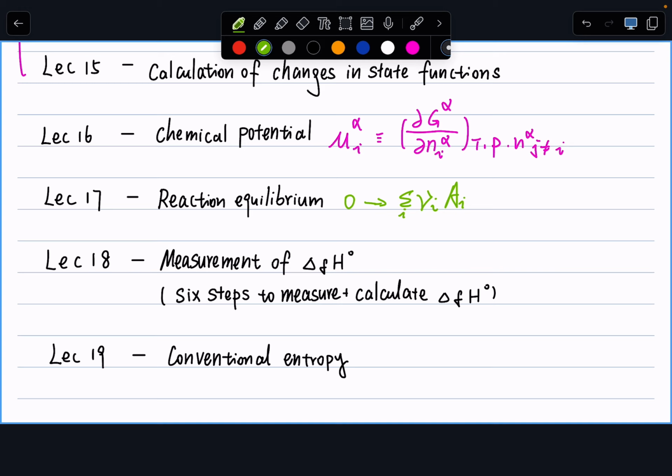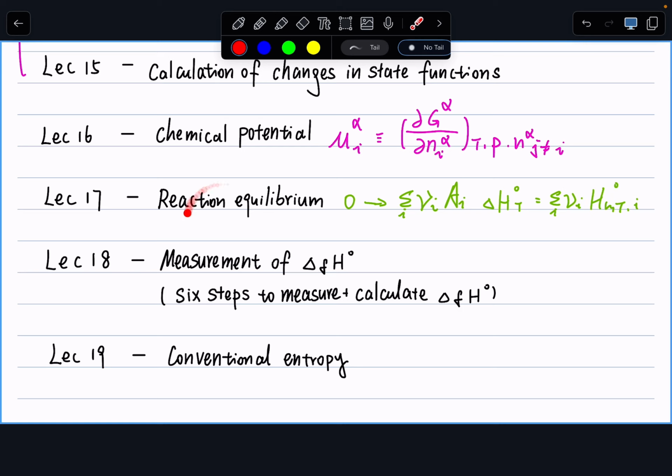And later on, we also talked about the heat of the reaction. So the delta H of the reaction at a certain temperature equals the sum of my stoichiometric coefficient times the molar enthalpy of each species. Using Hess's law, along with the heat of formation, we have a way to use the thermodynamic table to calculate the heat of the reaction.